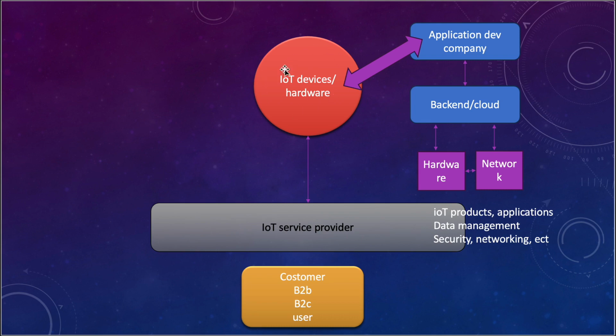When this company sells their IoT device product, they also give the application with it. They will give backend access to some application, so they can manage that application on a security basis, because they have to manage data and so on and so forth.